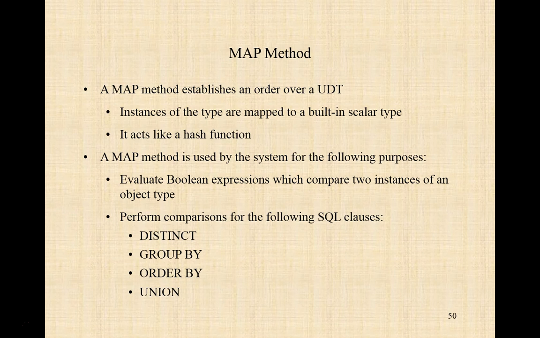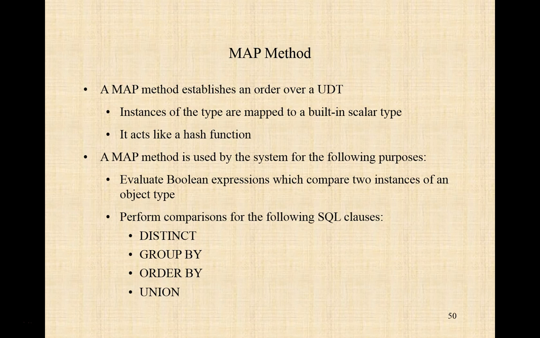A map method establishes an order over a user-defined type. The map method returns a value that can be used for comparing and sorting objects. The return values may be of any Oracle built-in data type, except large objects and BFILEs.